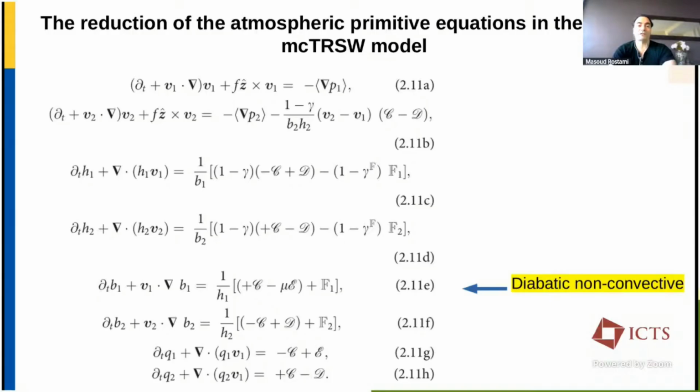Because the parametrization of this C and D is such that if you integrate over the space, it's conserved, because at each time step total D is equal to total C, and here also total mu E is equal to total C. So if you neglect the other forcing F1, F2, we still have a conserved system.